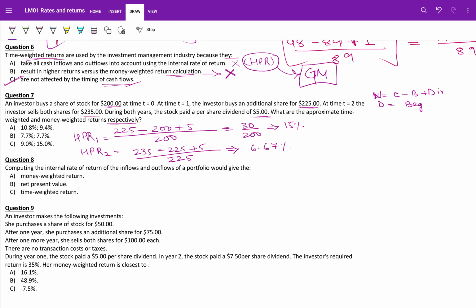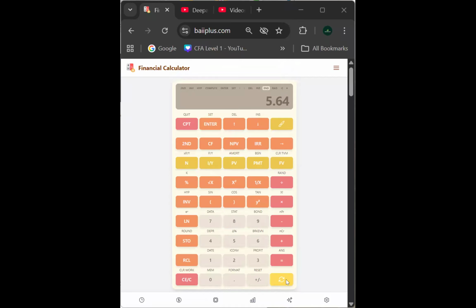To calculate the geometric, the time weighted rate of return, we need to plug these numbers into our calculation. So I'm going to add 1.15 and multiply it with 1.0667. This is going to give me 1.23.